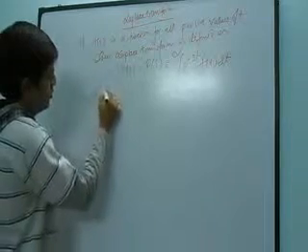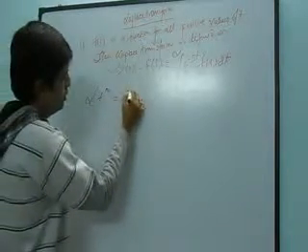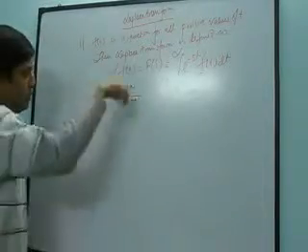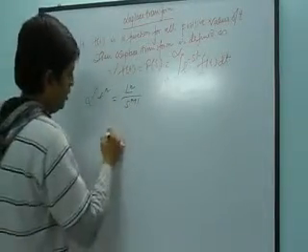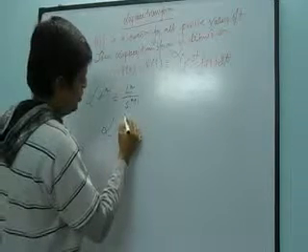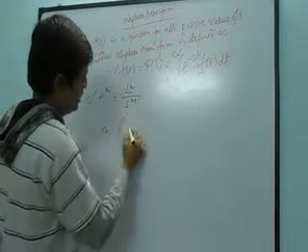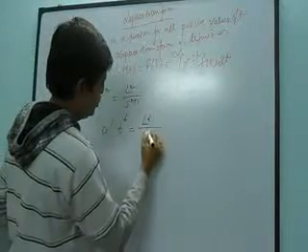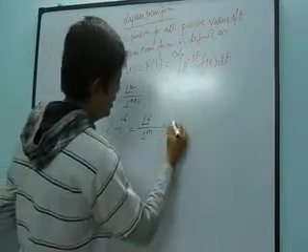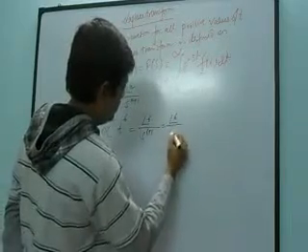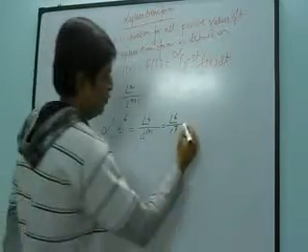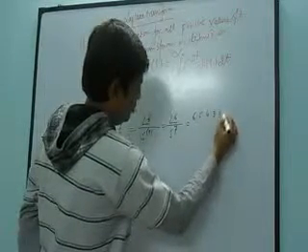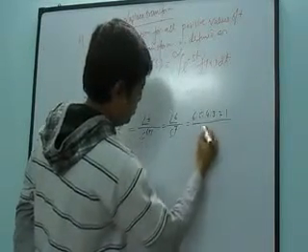Laplace transform of t to the power n equals factorial n divided by s to the power n plus 1. With the help of this formula, we can find the Laplace transform of t to the power, suppose 6, which is equal to factorial 6 divided by s to the power 6 plus 1, that is factorial 6 divided by s to the power 7, which is equal to 6 into 5 into 4 into 3 into 2 into 1 divided by s to the power 7.